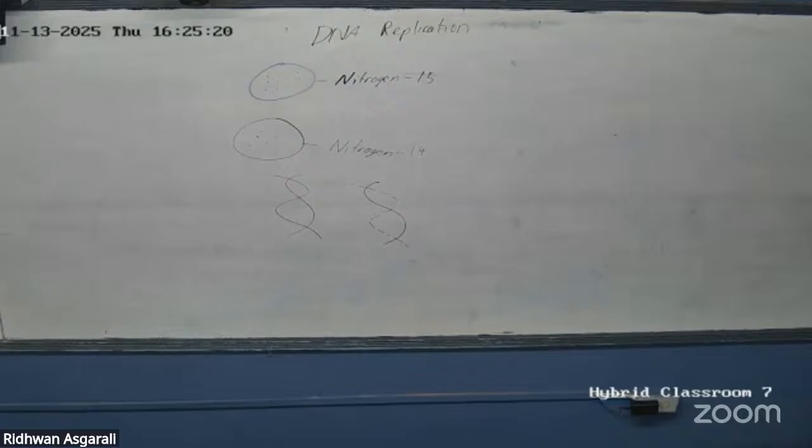Cells of E. coli were plated on a medium containing nitrogen 15.